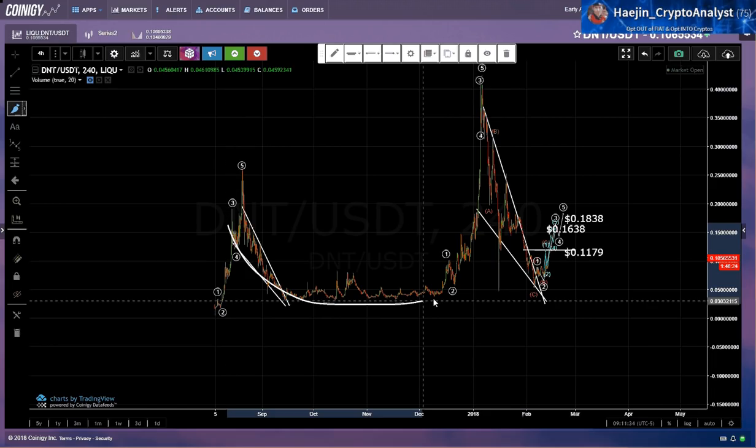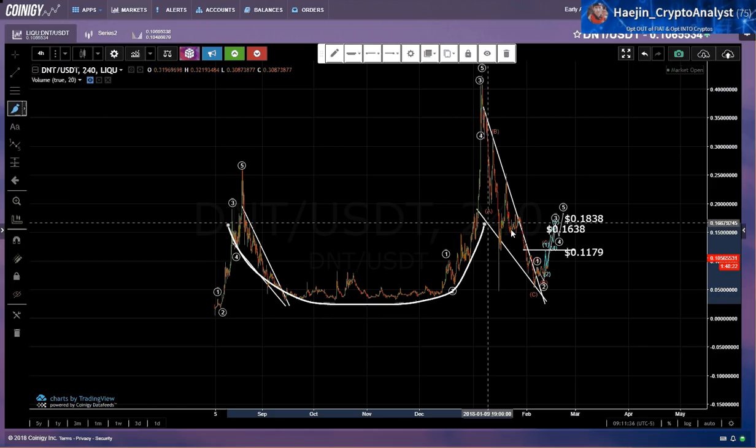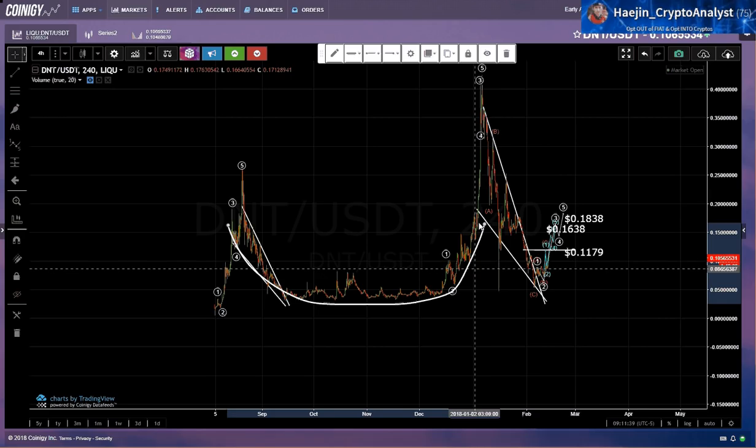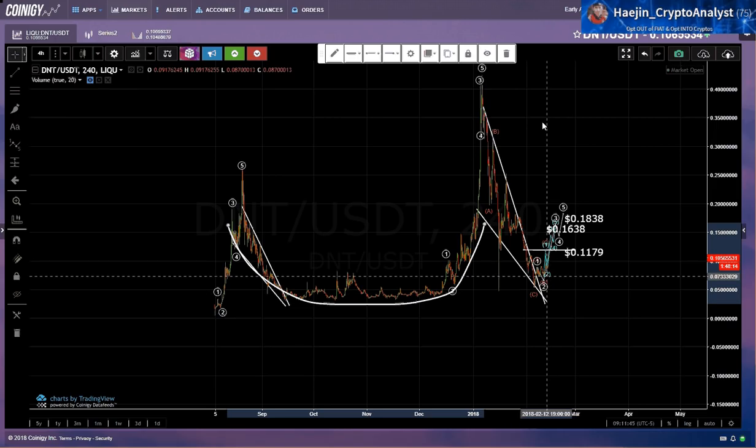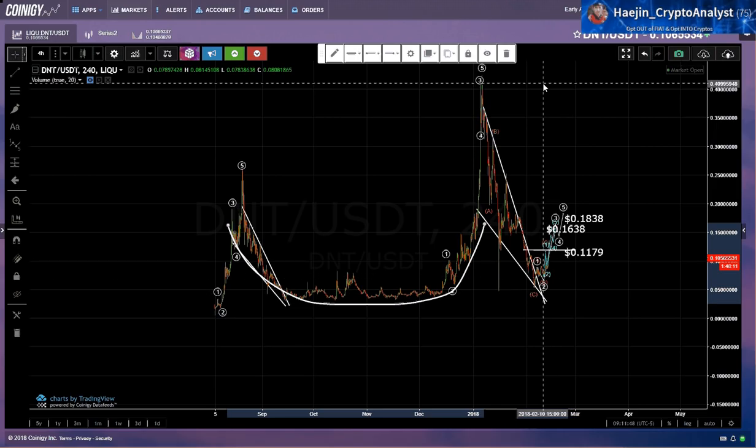And that is very bullish. That means there's a good likelihood that the price will hit all-time new highs of 41 cents. So the bigger picture is telling you a very nice bullish story.